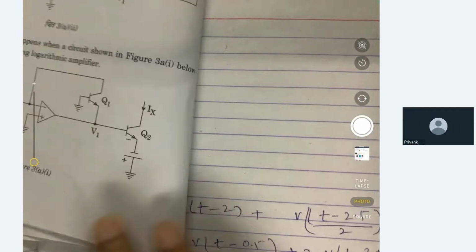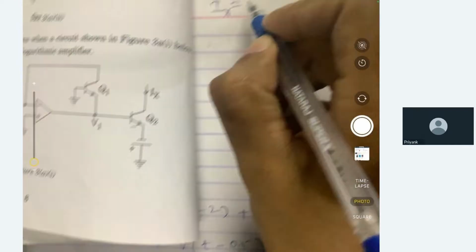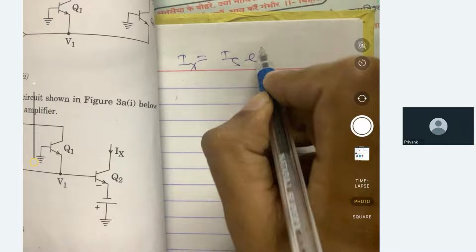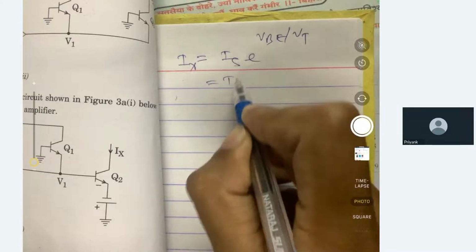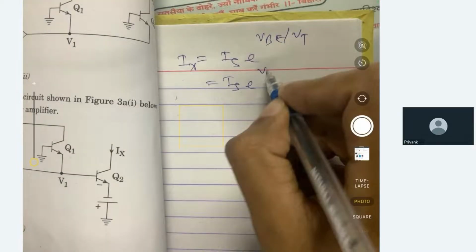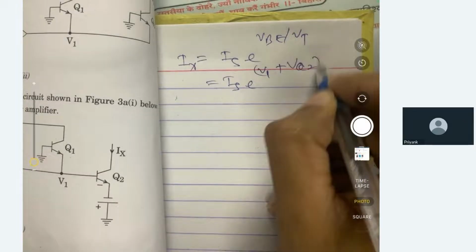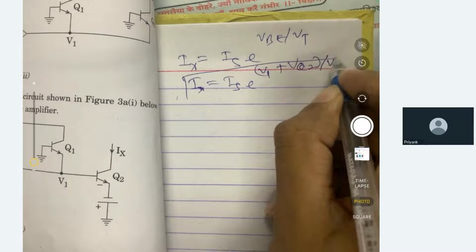IX is the collector current, which is equal to IF e raised to the power VBE upon VT. Let us assume this value is VQ2, so VQ2 upon VT. So this is independent of V reference.